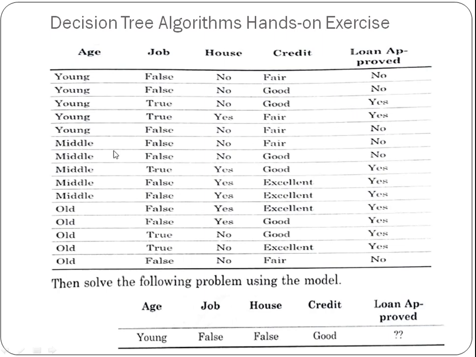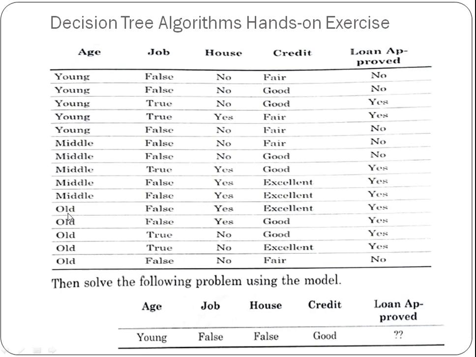Similarly, I will do it for the middle. For middle I will take the rule as middle and yes. If you see the first record, middle, no, the rule failed here. Middle, no, the rule failed again. But in the next 3 records, middle, yes, the rule works fine. What is the error here? 2 divided by how many records? 5 records are there. So the error is 2 by 5.